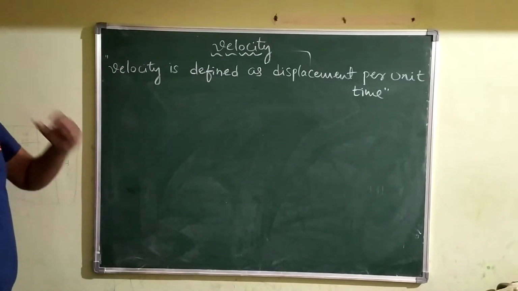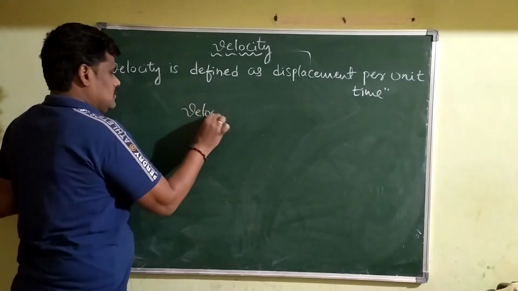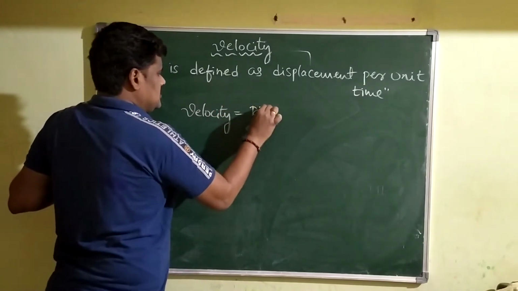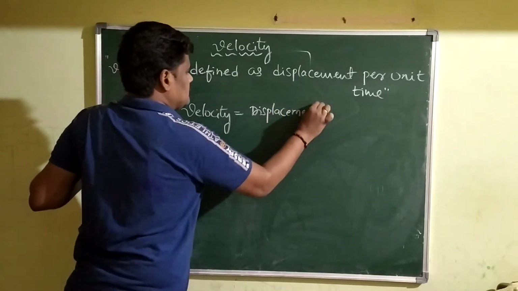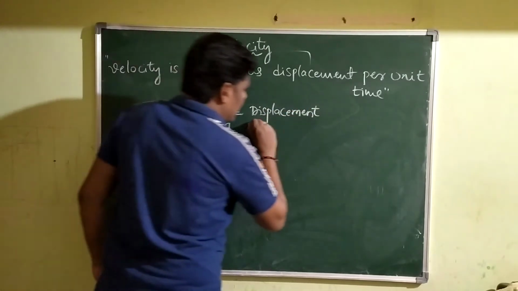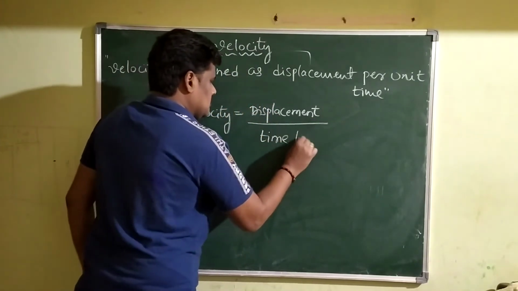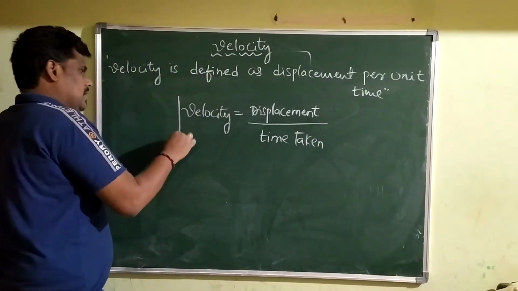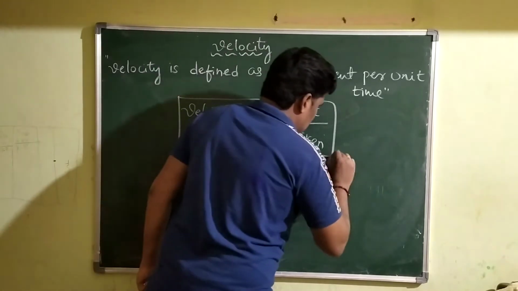Therefore, what is the formula for velocity? The velocity is given by the formula displacement divided by what? Time taken. So displacement of a body divided by time taken, we will call it a velocity.